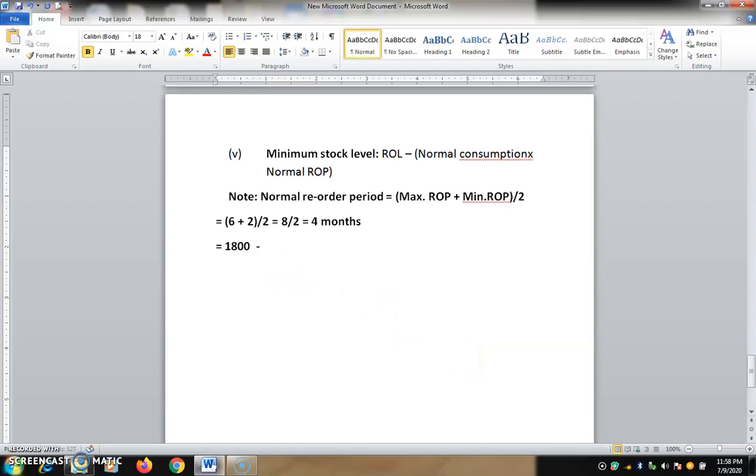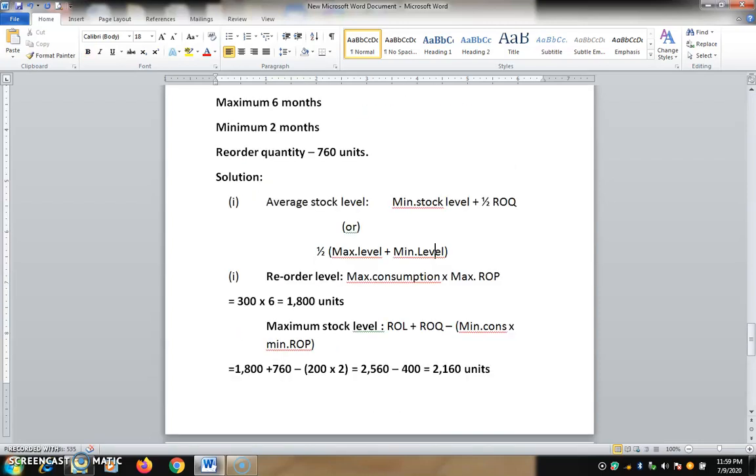Average consumption in your problem is 225 units into normal reorder period, which we calculated as 4 months. So if you substitute, you will get 1800 minus 225 into 4, which comes to 900 units. So your minimum stock level is 900 units. So with these values, we can easily calculate the average stock level.